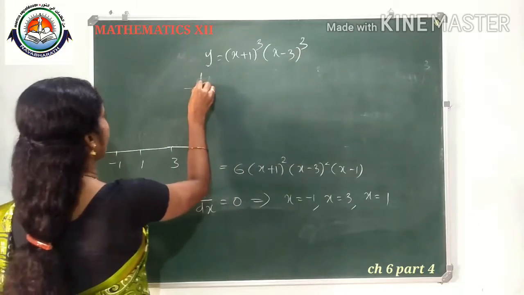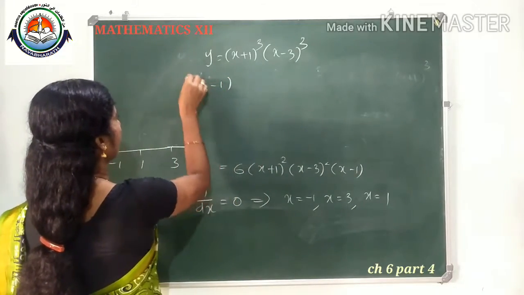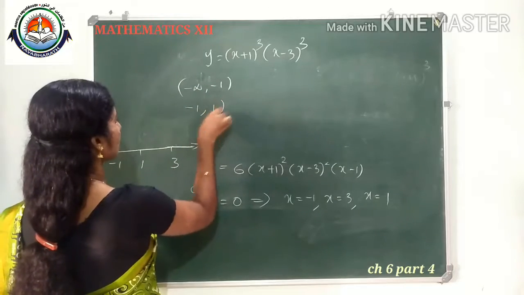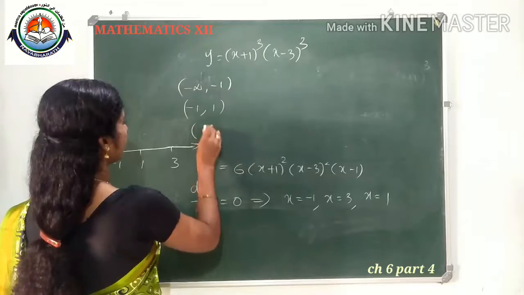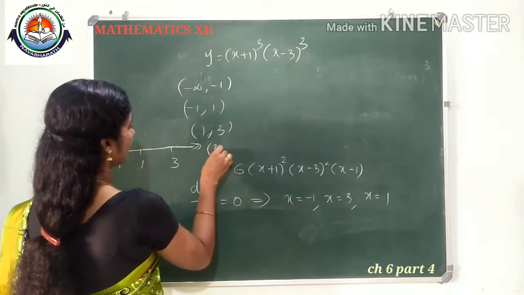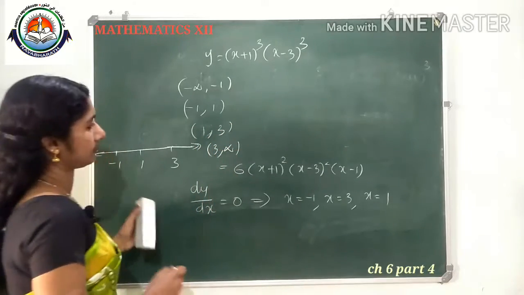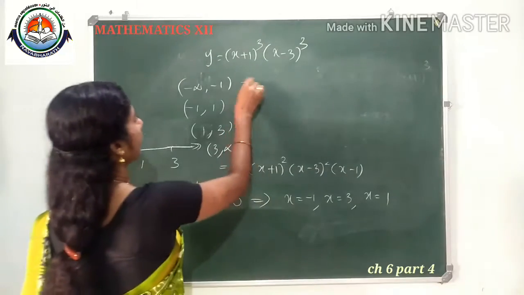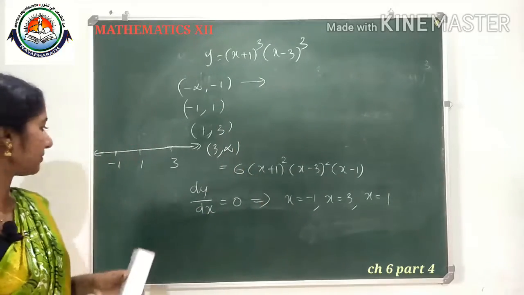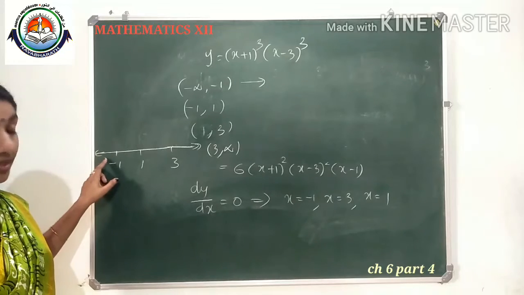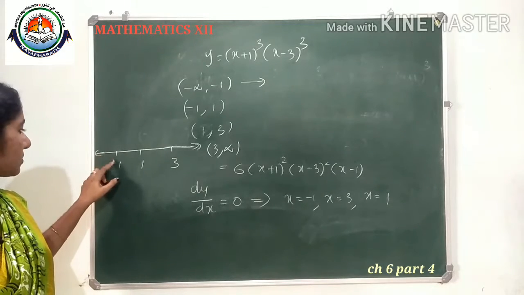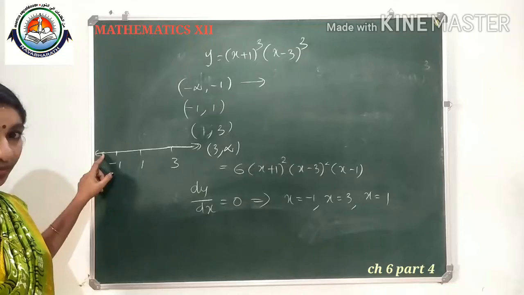The first interval is minus infinity to minus 1, then minus 1 to 1, the next interval 1 to 3, and the next one 3 to infinity. What about the interval minus infinity to minus 1? We can substitute one value, minus 2, before minus 1.